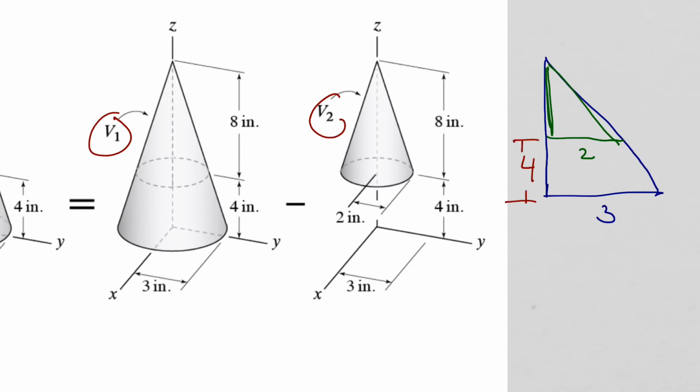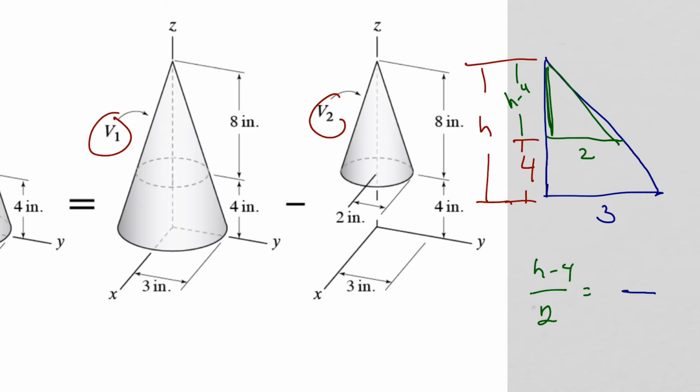And then we have a dimension of h for the overall height. So we can set up a ratio using similar triangles. This dimension in here is h minus 4.